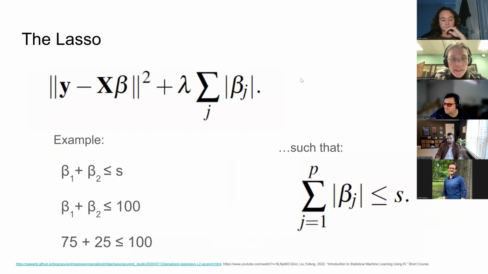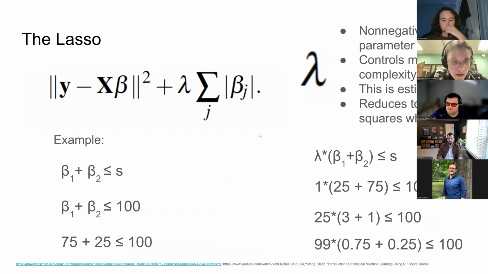So kind of what this works out to is requiring that the combination of parameters stays below a certain value. For example, on the left-hand side here, if our S is equal to 100, then we're constraining our estimated parameter values such that they have to add up to 100. In the example here, we're constraining our parameter values to be 75 and 25.